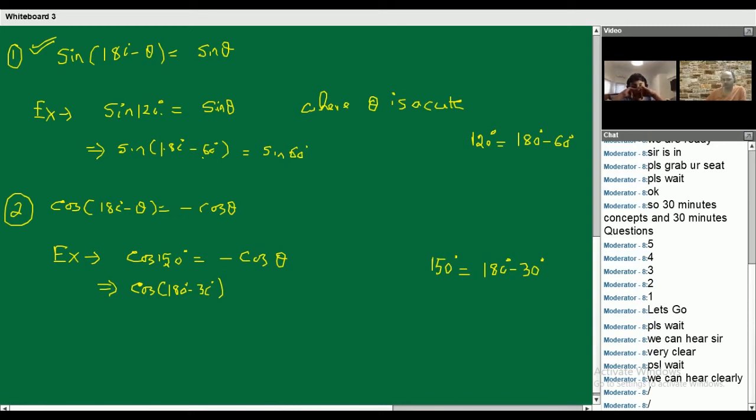Now if we apply the standard result, this is going to be negative cos 30 degree. So the value of theta would be 30 degree.